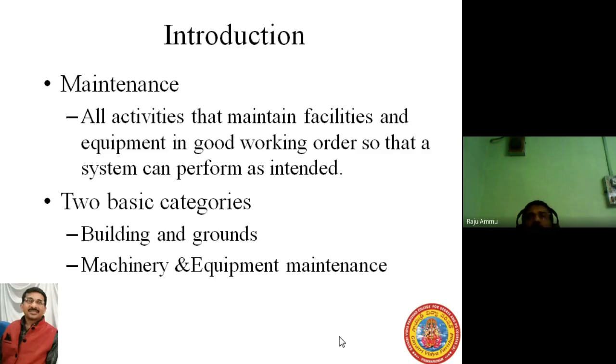So maintenance has to be provided for the concerned machinery and equipment. In general, it is a function supporting the production function. If your production suddenly stops because you are not doing maintenance, what happens? Your production operations will stop immediately.